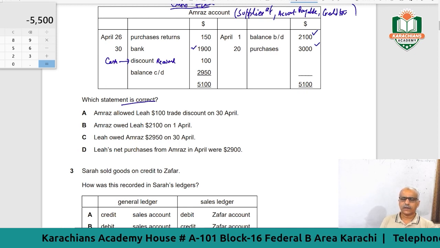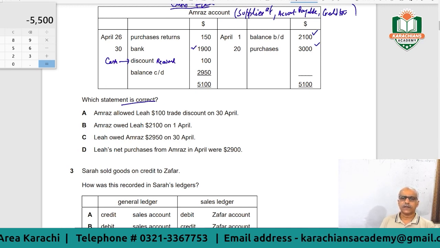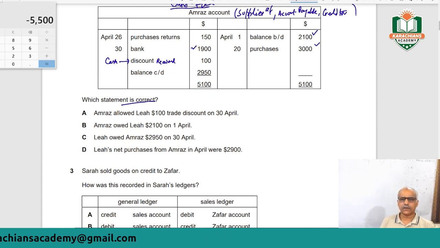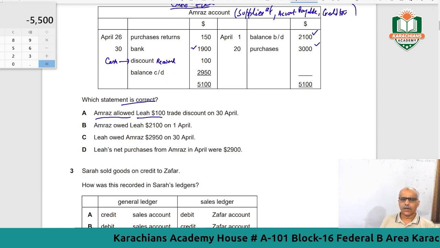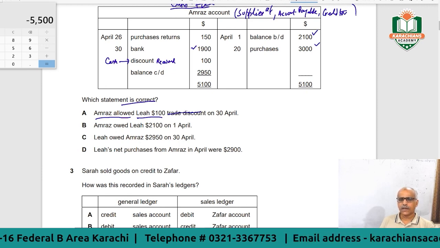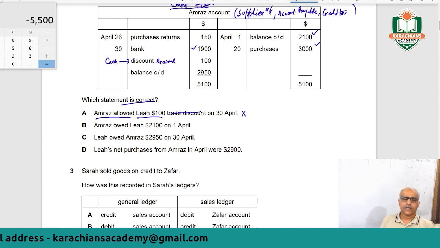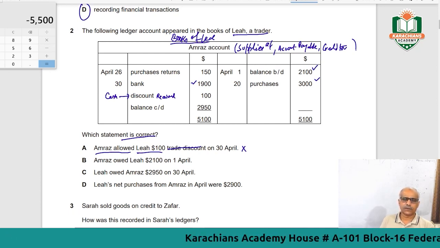Lee was to pay 2000, so he has paid 1900, and 100 he has received as discount. Amre has given this discount, 100, but the option says trade discount. So this is not a trade discount, this is a settlement discount. No doubt he has received the discount, but it is not a trade discount. This is a cash discount, which is a settlement discount.